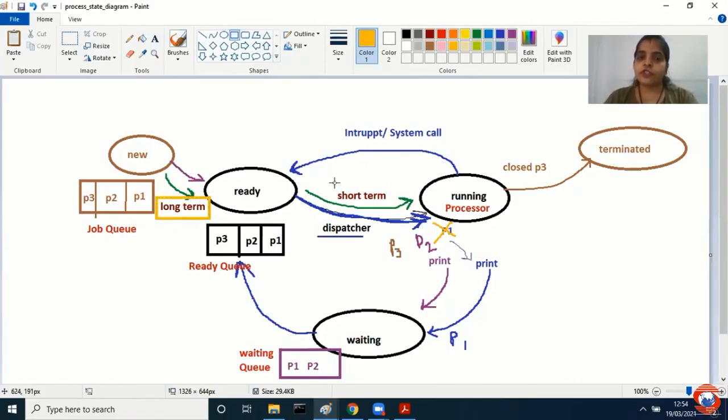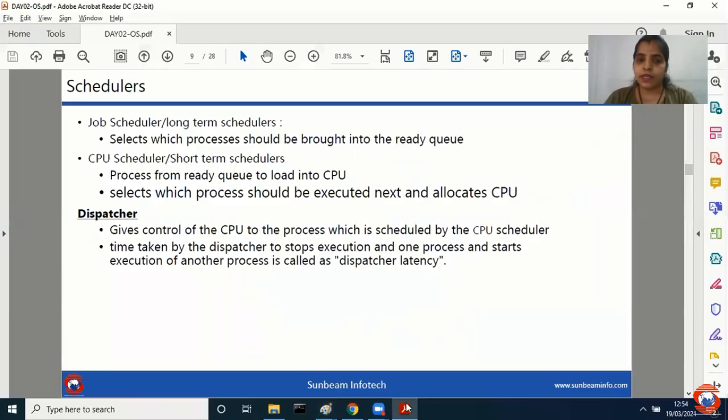Whatever process I wish to execute, to whom I want to give control of the CPU, those are done by short-term schedulers. So the short-term scheduler decides which process is to be executed next and allocated the CPU. Now how do they decide which process should go first and which later? For that we have process scheduling algorithms.